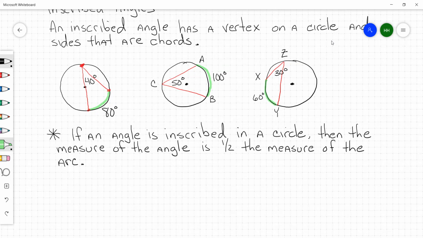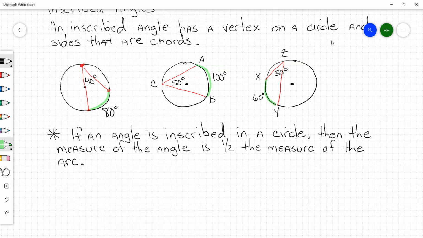Okay, so does everybody see the relationship between the measure of an inscribed angle and its intercepted arc? The angle's half the arc, right? The angle's half the arc. When we dealt with central angles, which had a vertex on the center of the circle, central angles were the same as their intercepted arc.